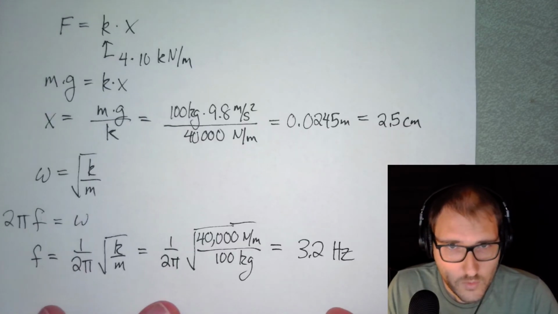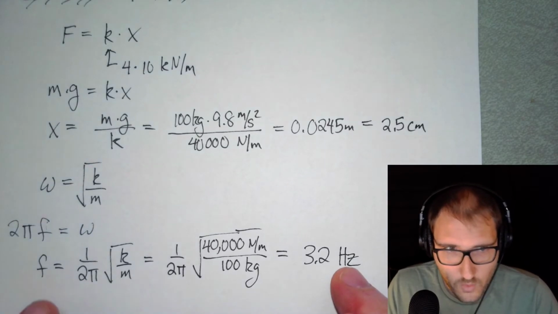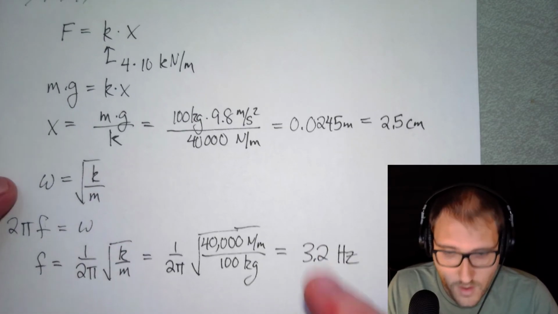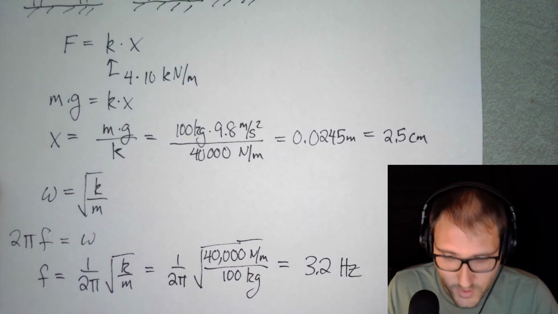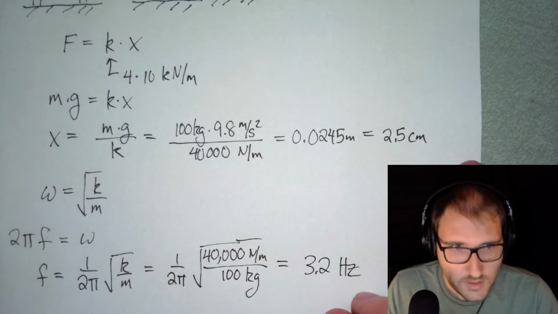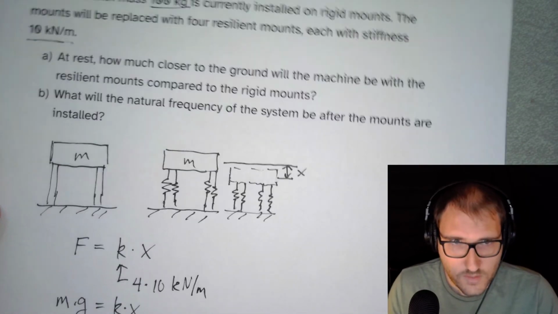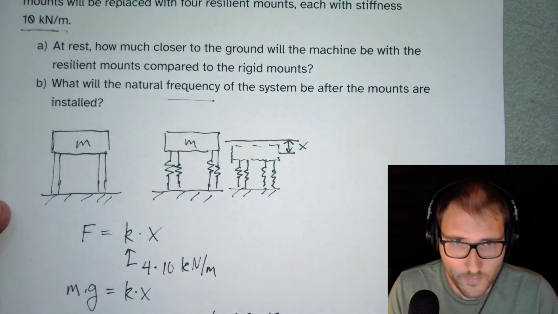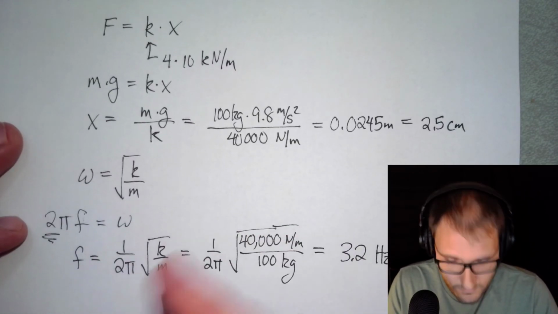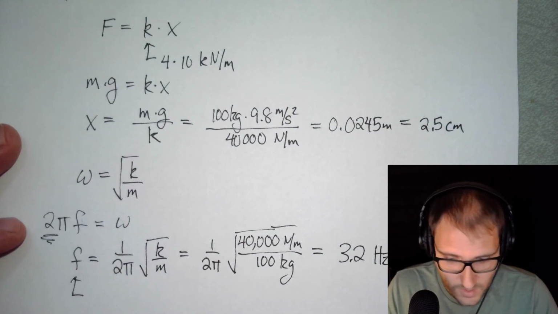And again, once you get some practice with this, low frequencies, under, say, 100 hertz, is very, very common for these kind of resilient mounts. And we'll talk about vibration isolation later on. So simple problem. Things that people tend to forget here are the 2 pi. And in general, when something's asking for what's the frequency, you typically don't write that in terms of the angular frequency. You go ahead and go through the effort to get it back to a linear frequency in f instead of an omega.